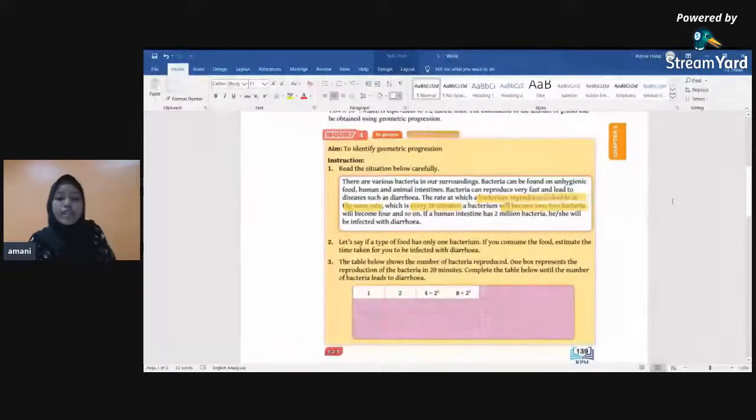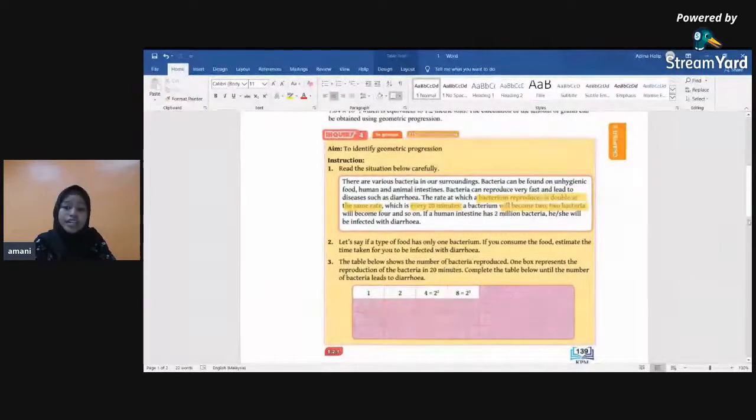So it already gives the values until 8. So how to calculate this? You see the number 1, you need to multiply 1 with 2 because it already says in the text that a bacterium will reproduce double every 20 minutes. So you need to multiply each value with 2.